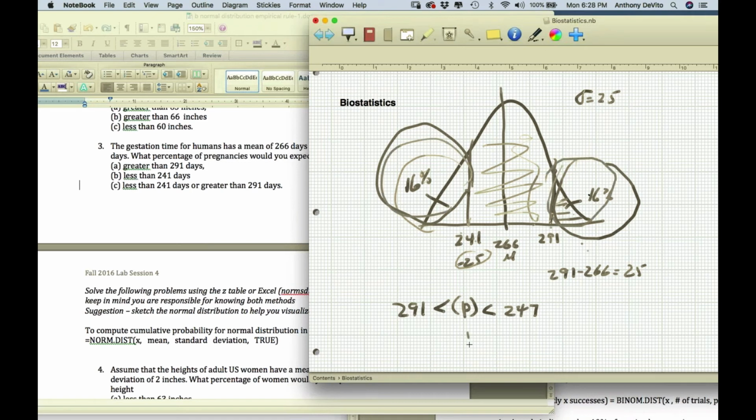What's the probability we would get a value that's greater than 241 and less than 291? It's going to be between 241 and 291, and that's going to be our 68%, isn't it?